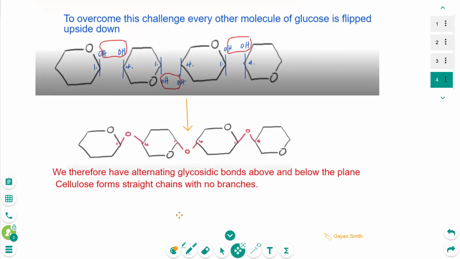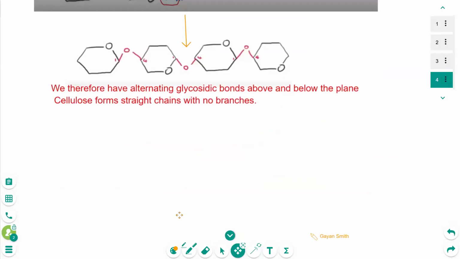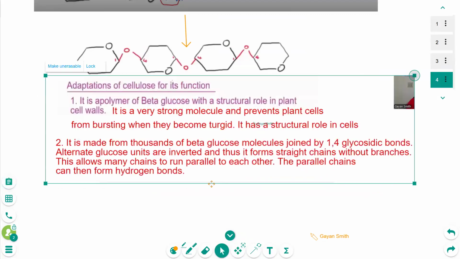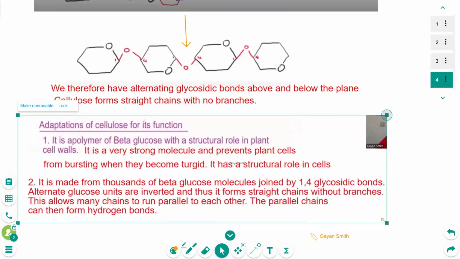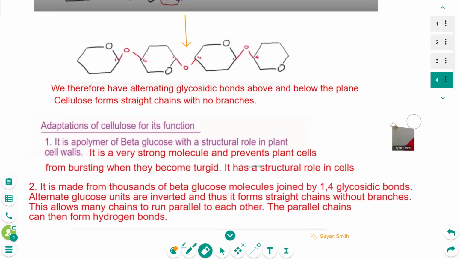So it's kind of different from the other two polymers. All right, so adaptations of cellulose for its function.